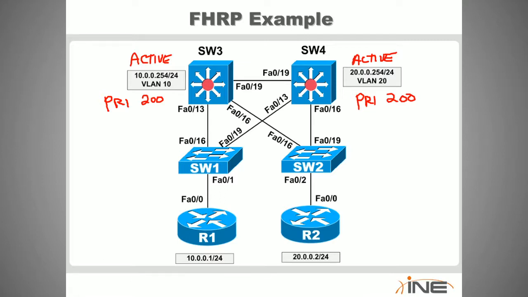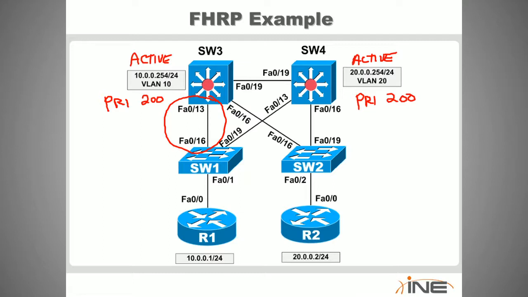Okay, now let's look at the case where we do tracking, and based on different conditions of the network, if certain links are down or we don't meet the conditions of an enhanced object, we can change the priority value selectively in order to get someone else to become the active router. Now, let's say, for example, that on switch 3, we want to look at this link Fast Ethernet 13.